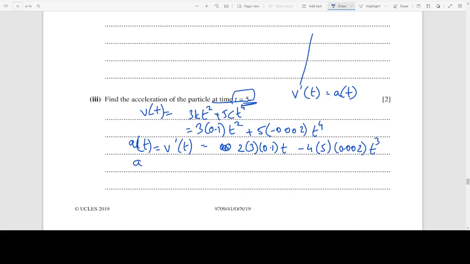So a of 5 is 0.6 times 5 minus 0.04 times 5³, which is minus 2.